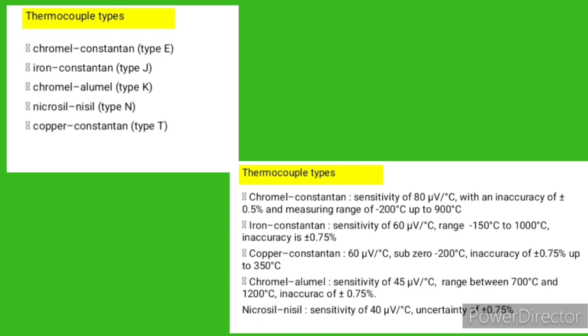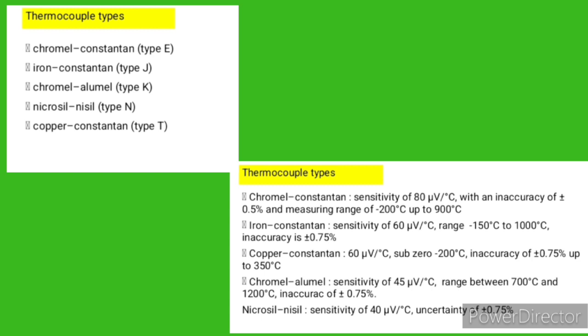There are several types. The chromel constantan, type E, is a base metal thermocouple. Iron constantan, type J, is a base metal thermocouple, and chromel alumel, type K, is also a base metal thermocouple. Nicrosil nisil, type N, is a noble metal thermocouple, and copper constantan, type T, is a base metal thermocouple.